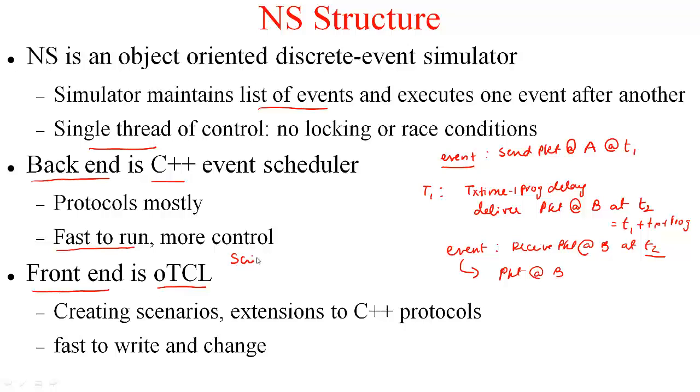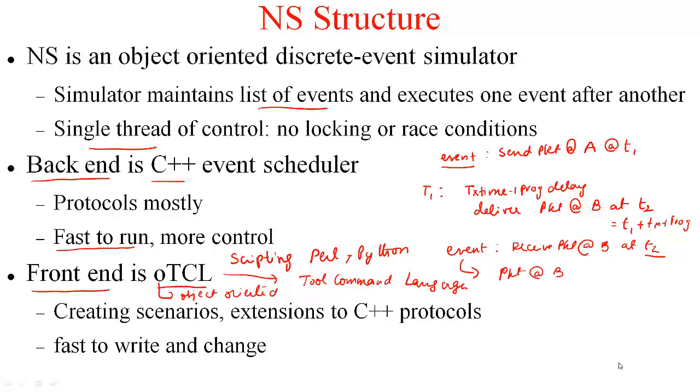This is a scripting language much like Perl or Python, which you have probably heard of. It is spelled OTcl. O stands for object oriented Tcl, and TCL itself stands for tool command language.